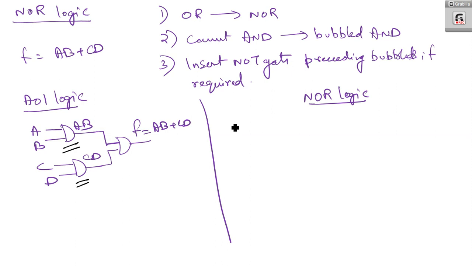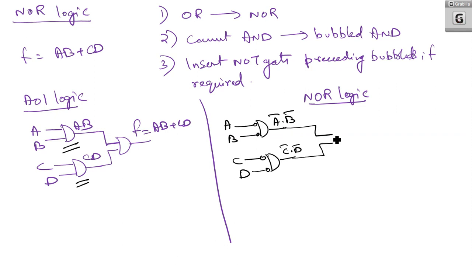So we have A, B. This is bubbled AND. Okay. C, D. So this is bubbled AND. Okay. So here what we get? Here we will get A bar dot B bar. This is C bar dot D bar. Okay. Now convert OR to NOR.